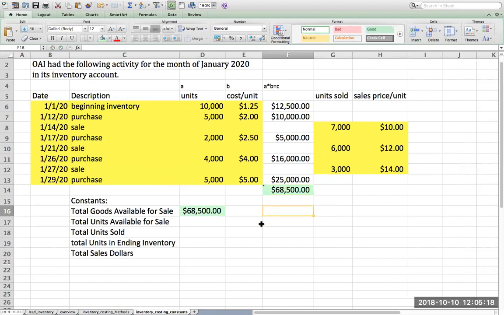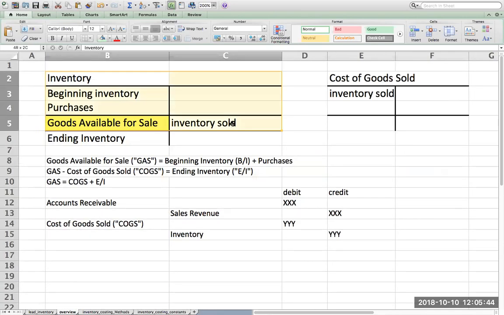The other thing that's not going to change, and it's really important to recognize this, is the number of units. What I'm referring to are the units available for sale, the total number of units sold, and lastly, the units in ending inventory.